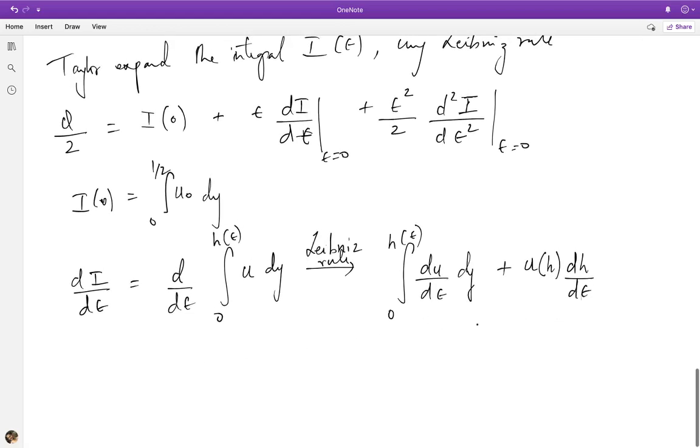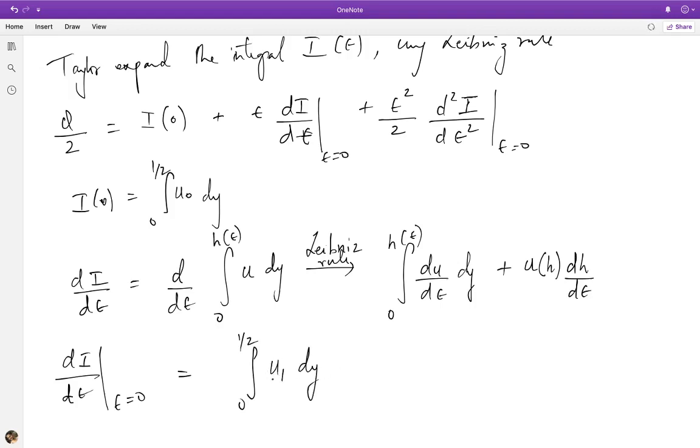And now if I choose to evaluate this at epsilon equals to 0, what I will obtain is simply integral 0 to... now h at epsilon equal to 0 is just half. du by d epsilon at epsilon equal to 0 will just be u1.